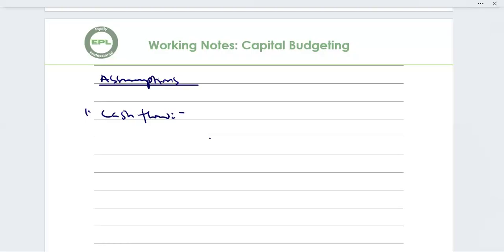So you can say that it is assumed that the cash flow estimates are realistic and will occur at the end of each year.